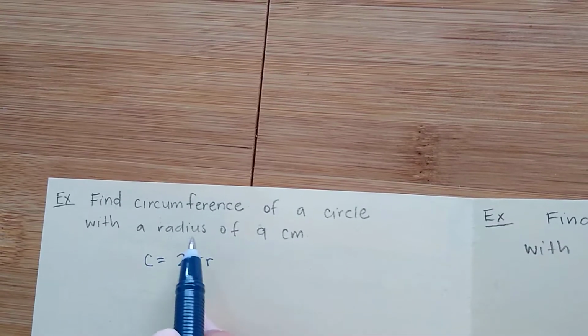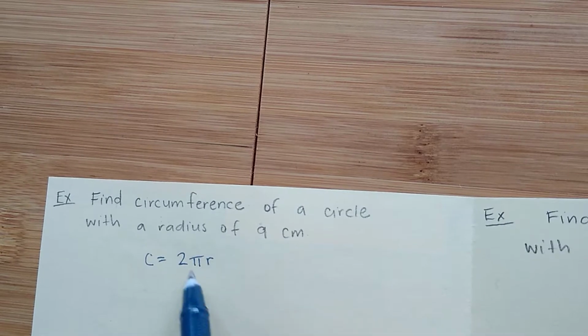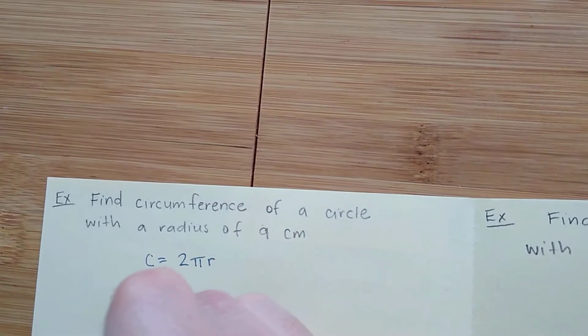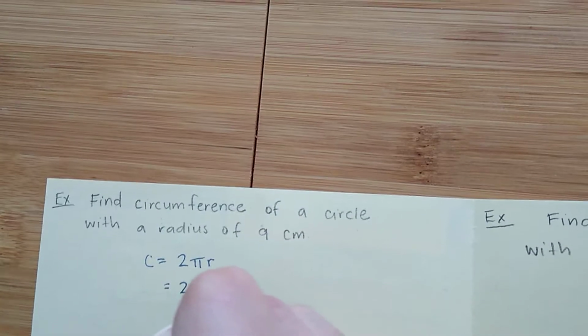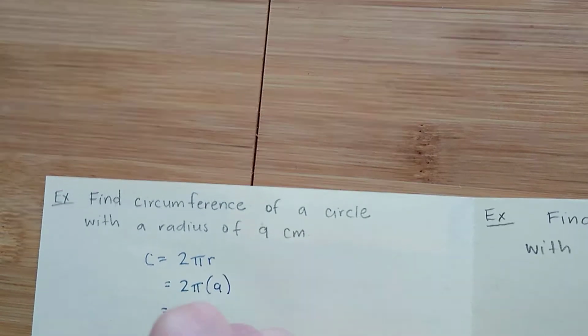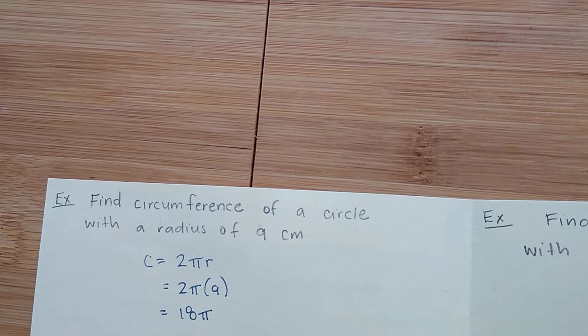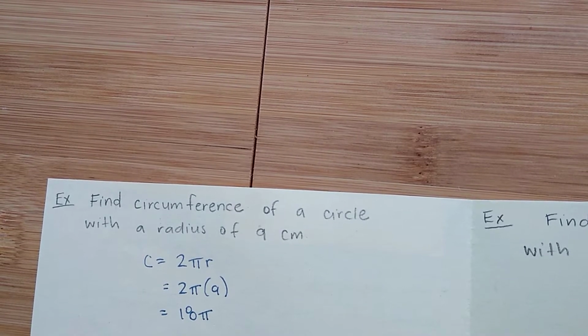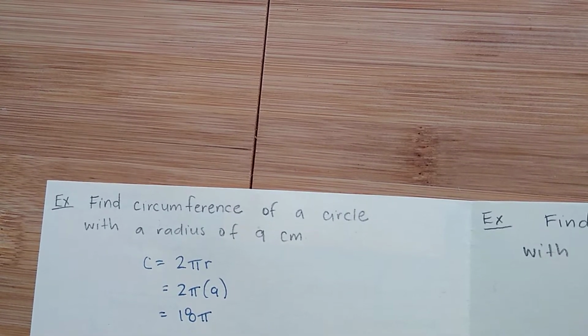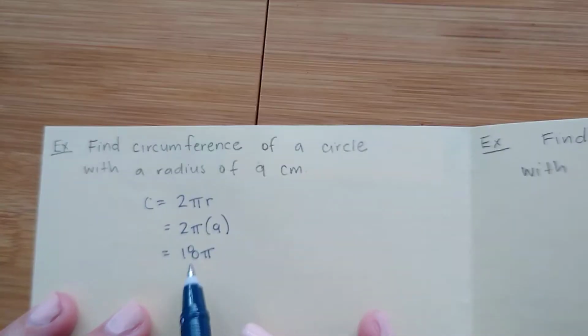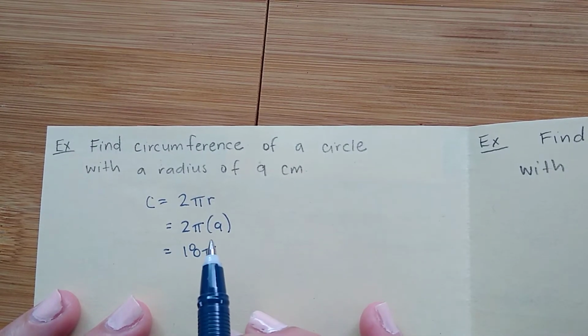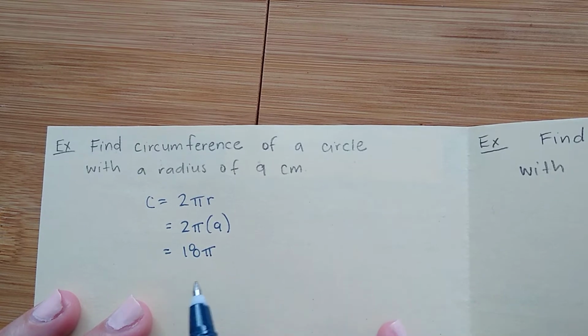Now we're just going to go ahead and substitute in for our variables. So 2 pi times 9, 18 pi. And then in the book, they gave it to you in decimal form, so they have you multiplying the 18 times the pi. But you can also just leave it the way it is.